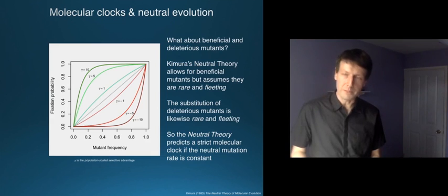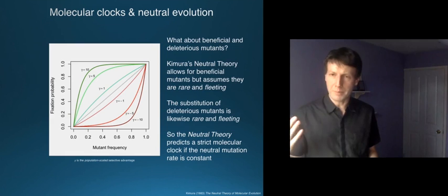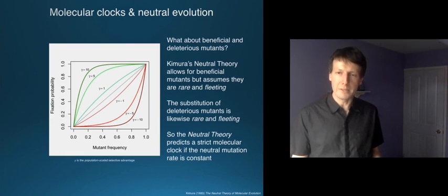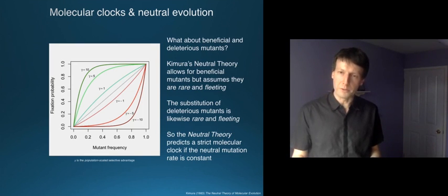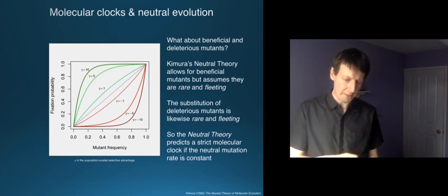And that's a key result, because it tells you that it doesn't matter how populations change. It doesn't matter if they're bigger and therefore better able to select advantageous mutations and weed out deleterious mutations. It doesn't matter if they're small and the opposite applies, because those things cancel out for the vast majority of mutations, which are assumed to be neutral because of the arguments above, and therefore that predicts a molecular clock.